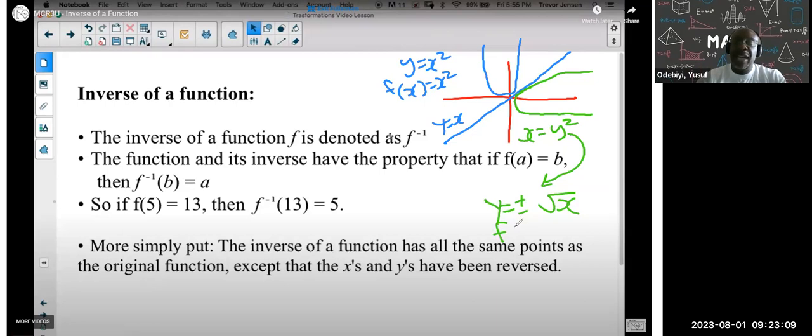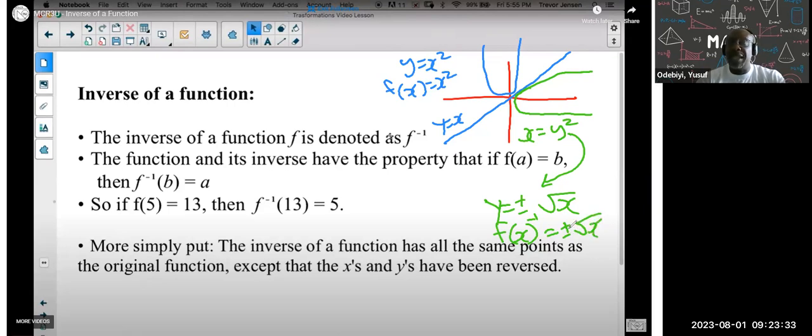Since this is the inverse, the inverse equals plus or minus the square root of x.